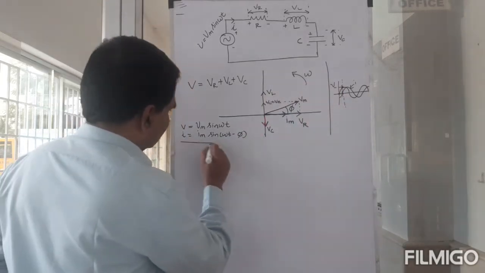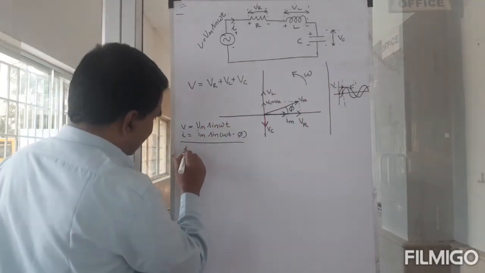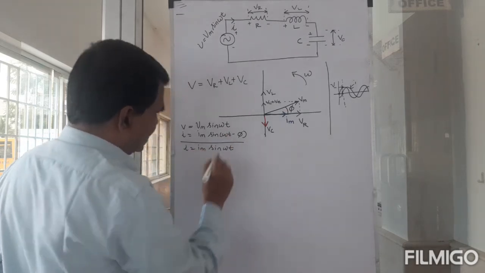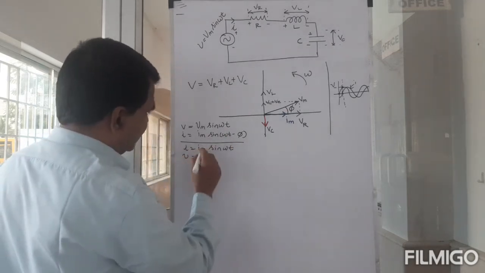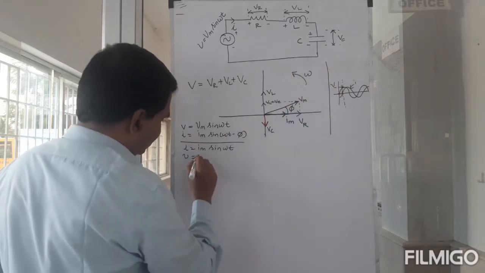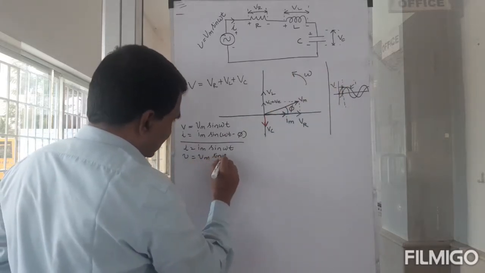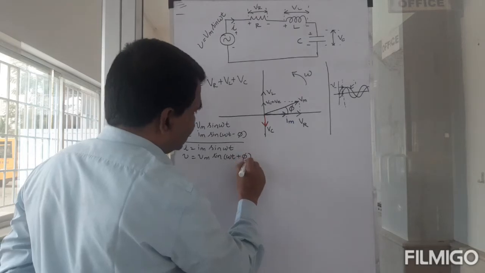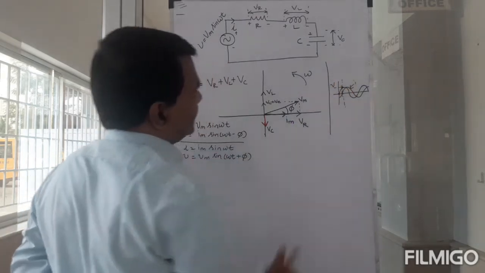So if I take I as Im sine omega t, then my V will be, for the same graph, Vm sine omega t plus phi, right? It's plus phi.